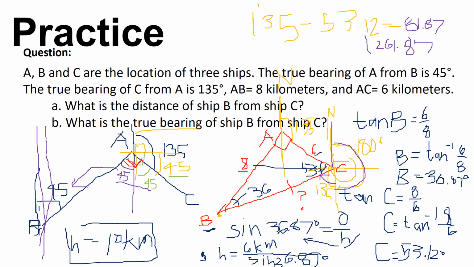So that's our answer for question B. What is the true bearing of ship B from ship C? So our answer for this problem: the distance between ship B and ship C is 10 kilometers, and ship B has a bearing of 262 degrees from ship C.